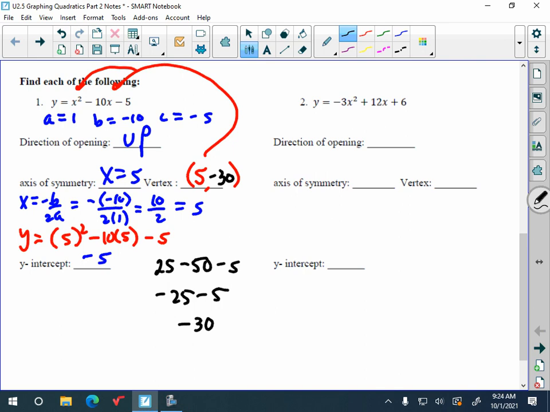All right, so let's do 2. Direction of opening, up or down? Down. All right, we can already see the y-intercept. What's the y-intercept? 6, good.